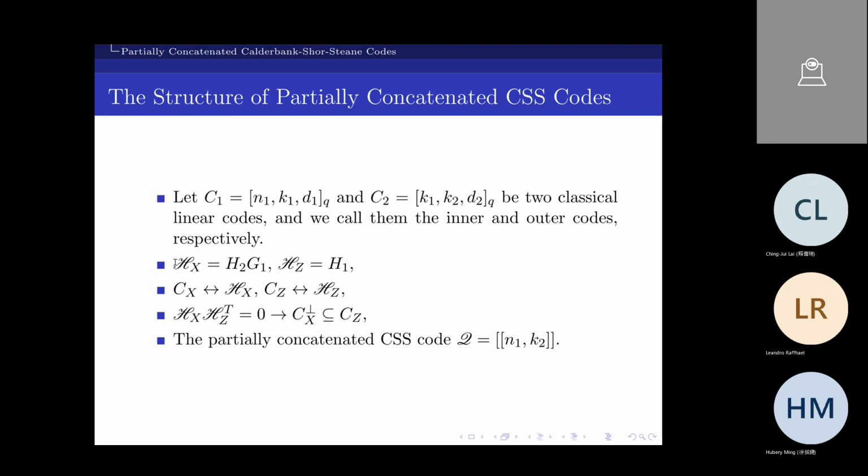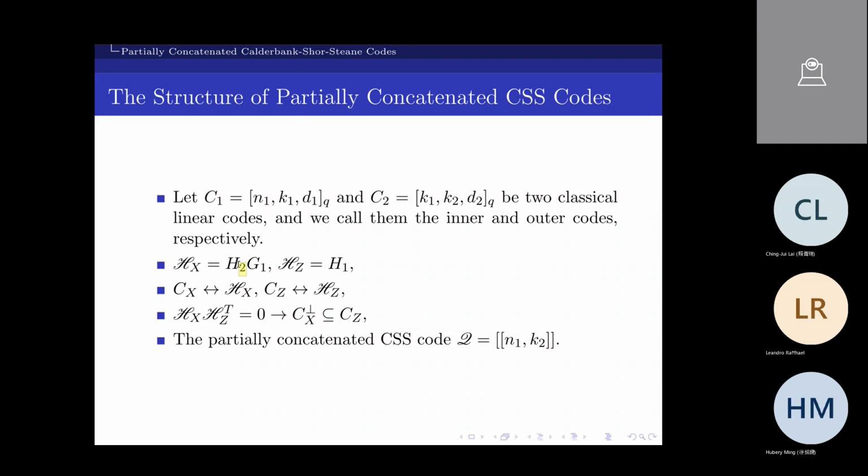And we construct two very simple parity check matrices, HX and HZ, like this. HX is H2 multiplied with G1, and HZ is H1. Also, G1 is the generator matrix of C1, and H1 is the parity check matrix of C1.